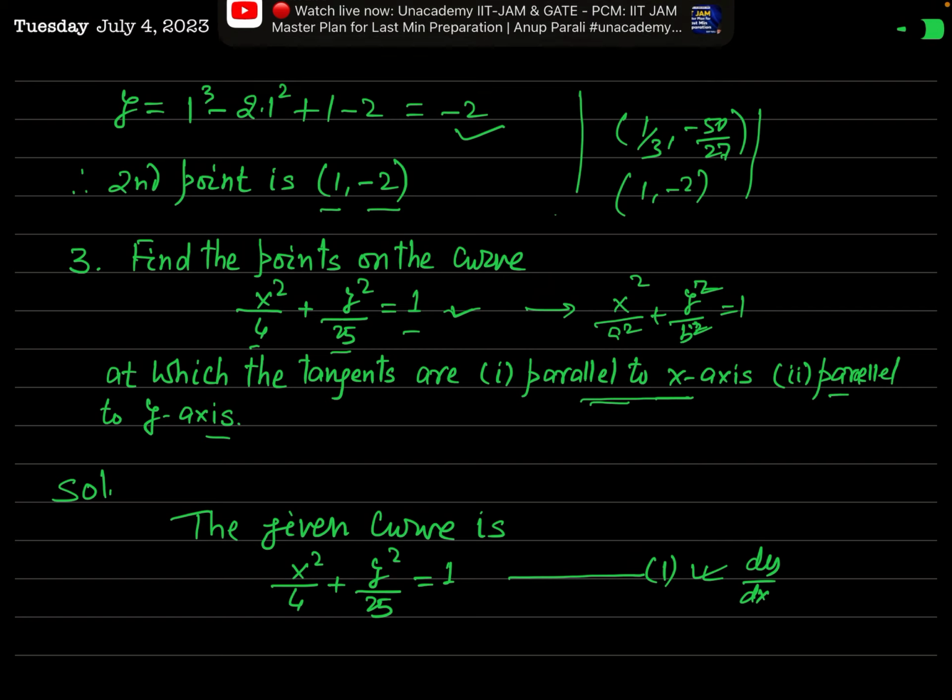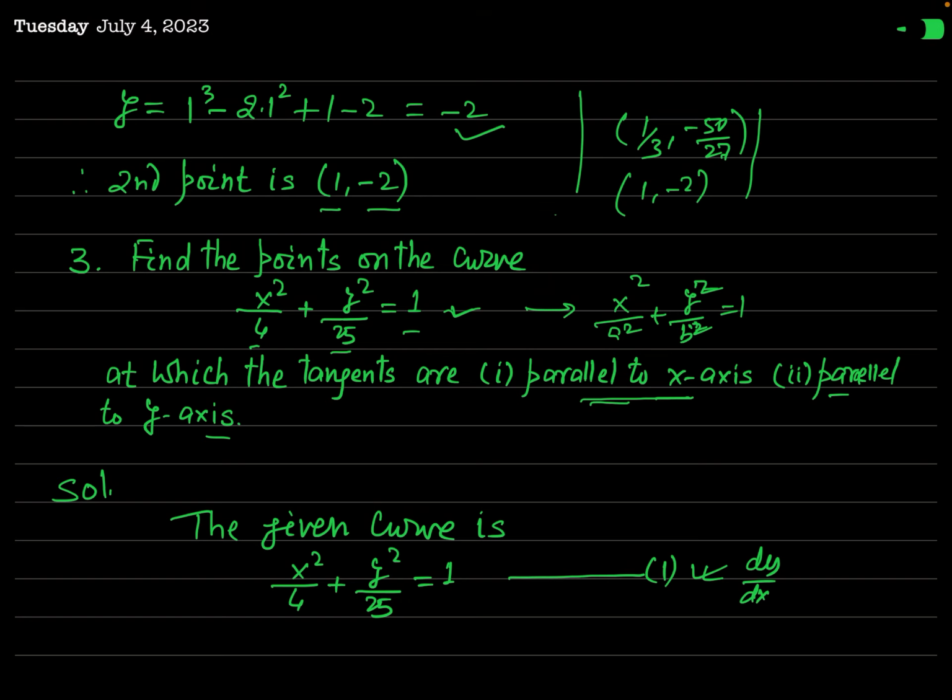And where the tangent is parallel to the y-axis, the slope will be undefined. So in this question we have to find those points where dy by dx is equal to 0, and we also have to find those points where dy by dx is equal to infinity.